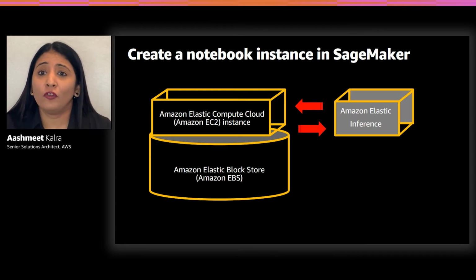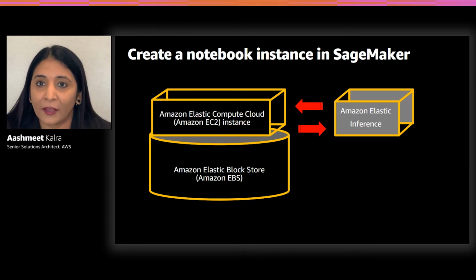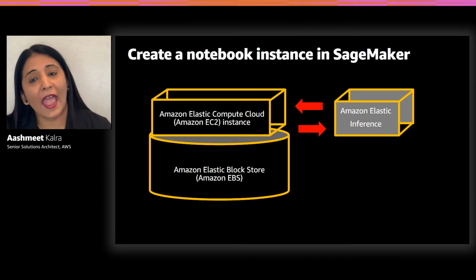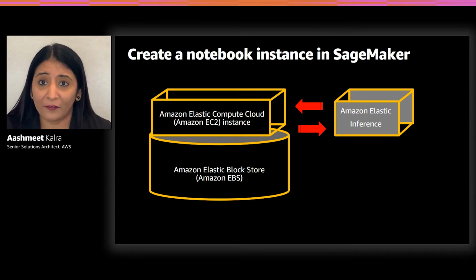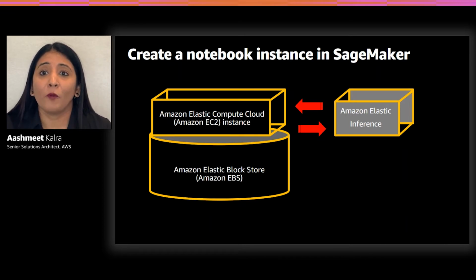Along with that, if you choose a different instance type for your inference, you have a choice of attaching an Amazon Elastic Inference along with your notebook to provide a separation of concerns between the compute requirements for your training jobs and for your inference jobs. When you set up Jupyter Notebook environment, you also get a provisioning capability to choose the network and the security configuration.